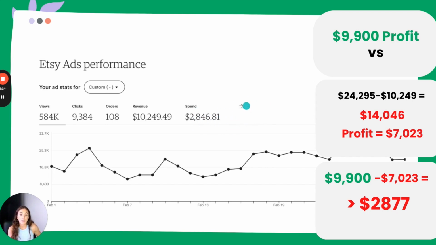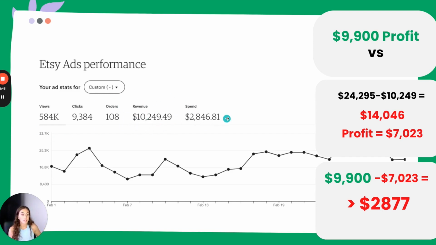So inside of Etsy, this revenue is all of the revenue that Etsy is saying the ad generated the shop, right? So it's the revenue directly from that click, and also the revenue from the click where they then purchased a different listing. That is what this revenue represents in your ads account.